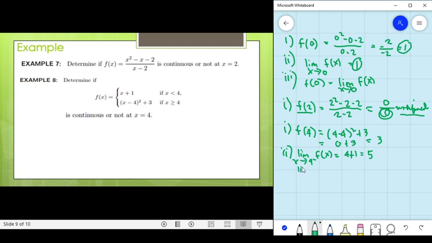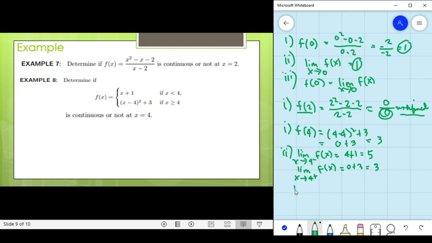What about the limit of f of x as x approaches 4 from the right? So we are going to use the second one, which is x is greater than or equal to 4. So we test approaching 4 from the right. So the value is 0 plus 3. That would be equal to 3.